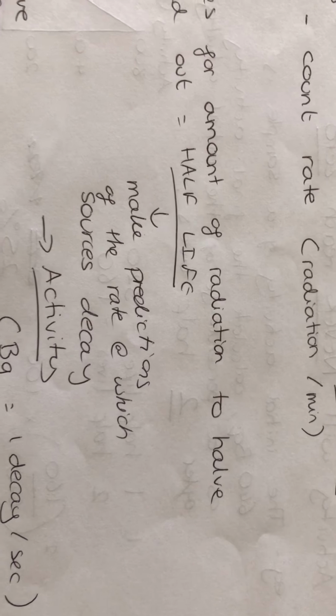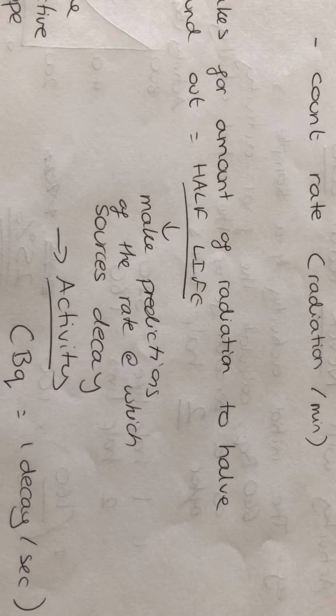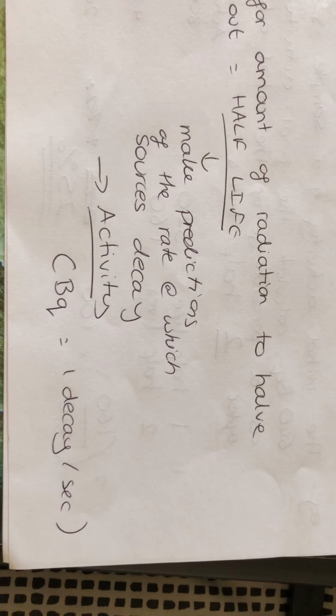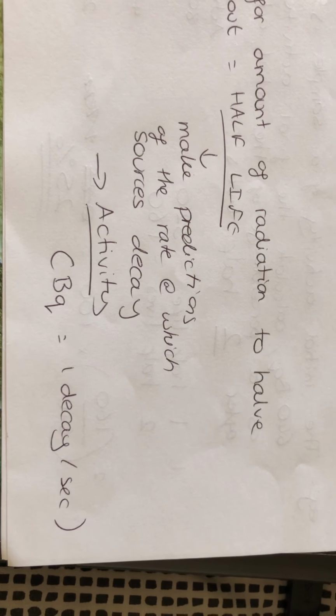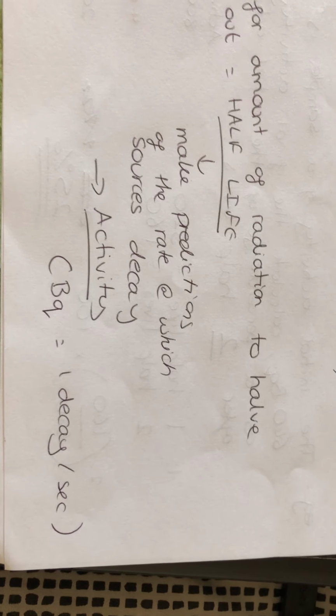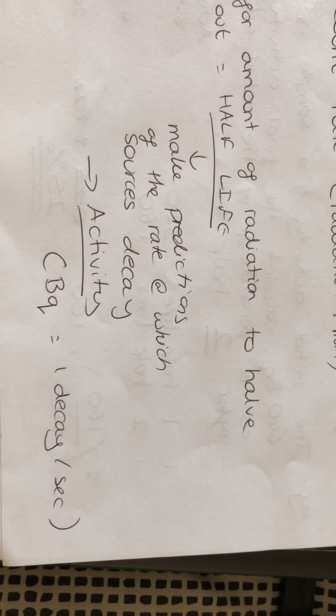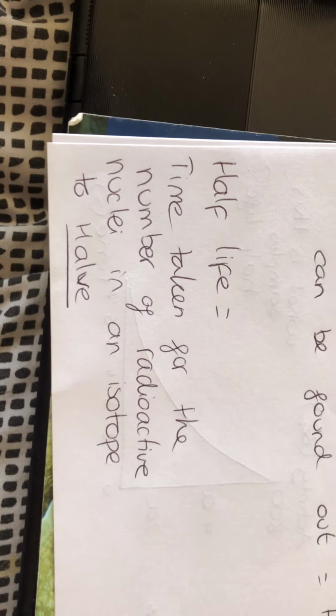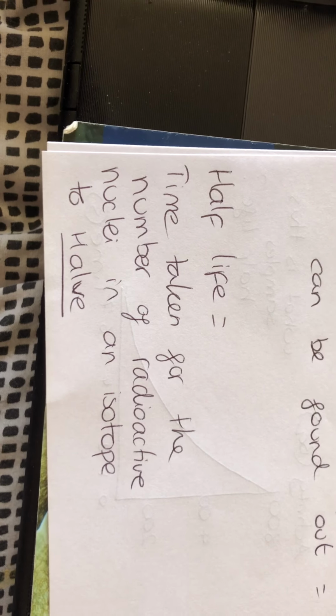So half-life can be used to find the rate at which a source decays, that's its activity, and that is measured in becquerels. All you need to remember is that the symbol for becquerels is Bq, and that is basically 1 decay per second. The definition of half-life is the time taken for the number of radioactive nuclei in an isotope to halve.